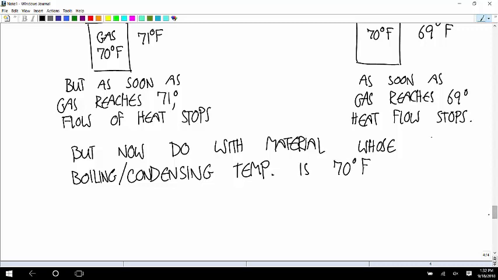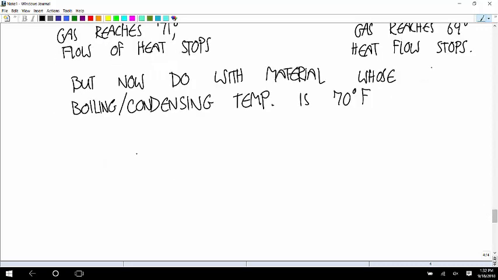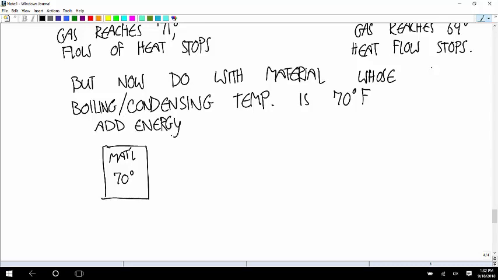Okay. And imagine the same thing. So here's the material. It's 70 degrees. So this is the one where we're trying to add energy. So we surround it with a 71 degree atmosphere. And say that you start with this material as a saturated liquid.